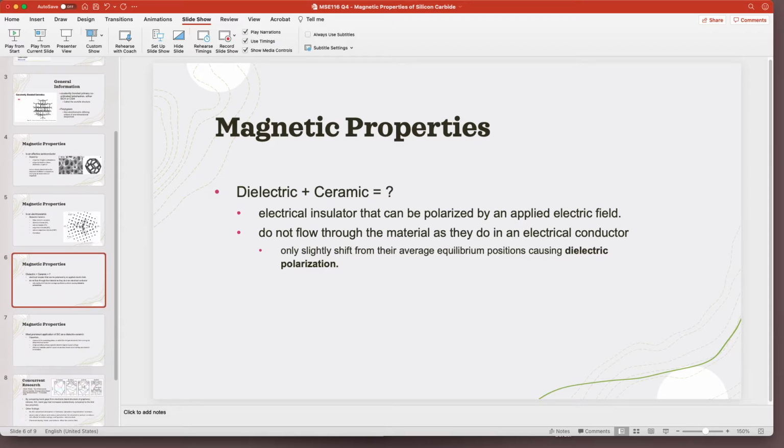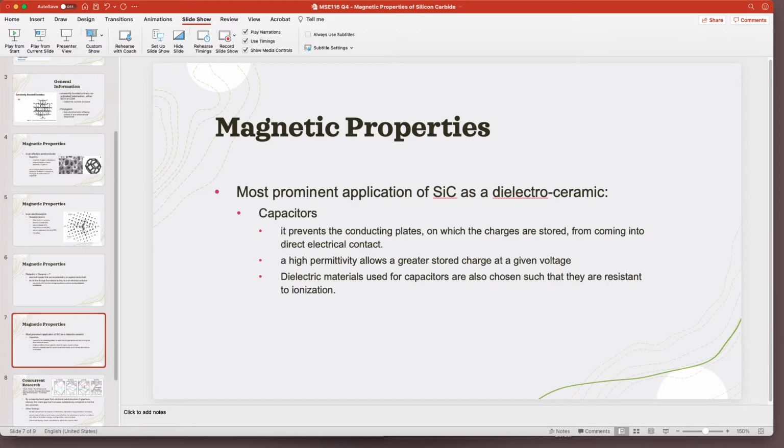Commercially manufactured capacitors typically use a solid dielectric material with high permittivity as the intervening medium between the stored positive and negative charges. This material is often referred to in context as the capacitor dielectric. The most obvious advantage to using such a dielectric material is that it prevents the conducting plates on which the charges are stored from coming into direct electrical contact.